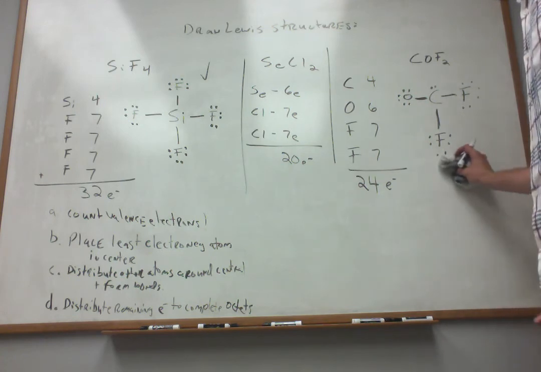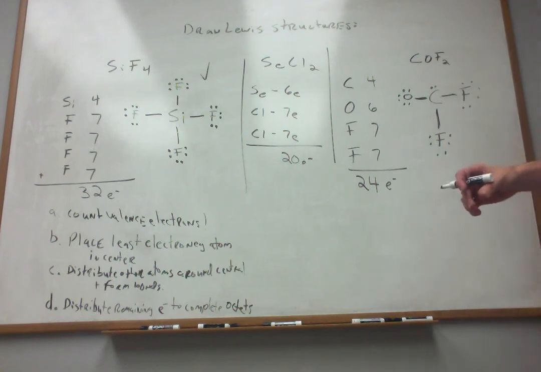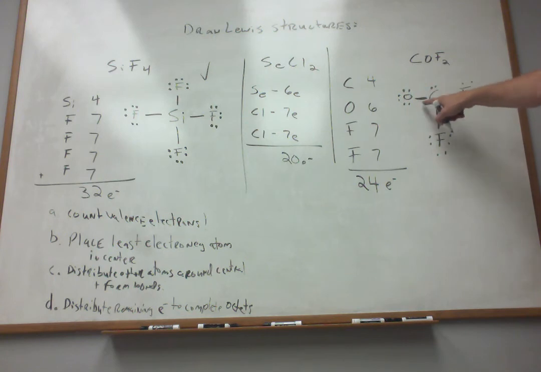What immediately caught my attention here was the single bond to the oxygen and this lone pair of electrons on the central carbon. It's actually a little bit of an unusual structural feature. Just from experience, I know that oxygen likes to form 2 bonds.